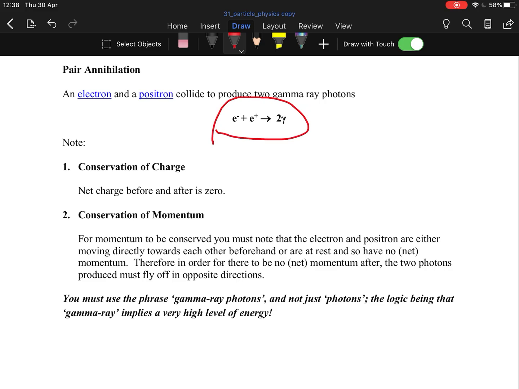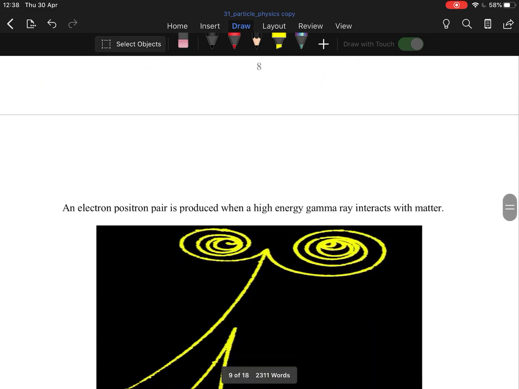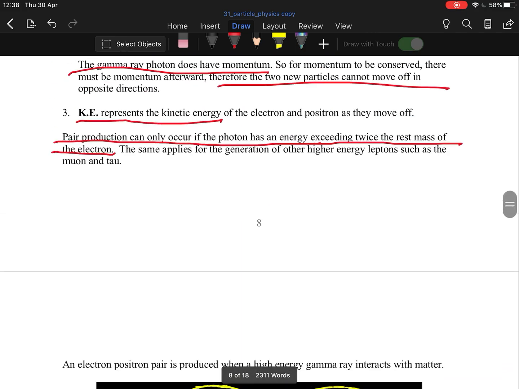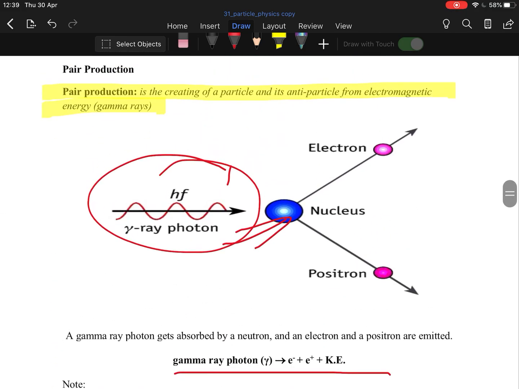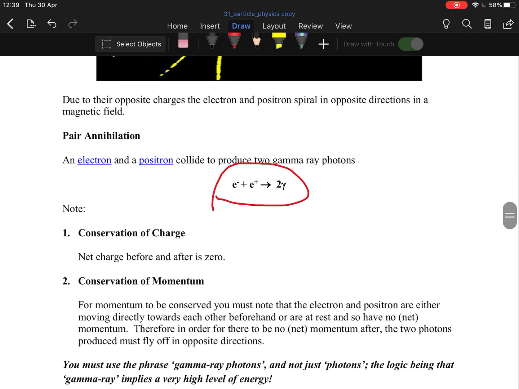Why 2? Why in pair production did we only have 1, and in this we have 2? In pair production, momentum was conserved because the gamma ray photon was moving, thus the two particles moved off not in opposite directions. In this, the positron and the electron are slammed into each other, traveling in opposite directions, so technically their momentum is 0 because they come at each other from opposite sides.